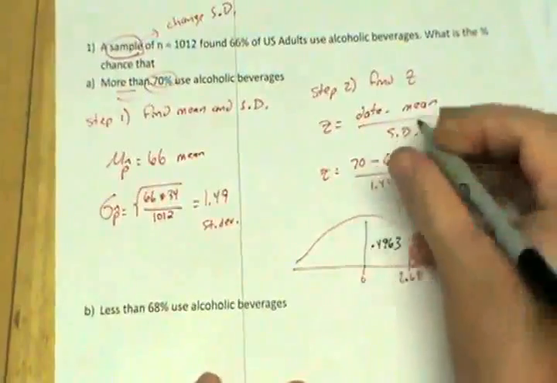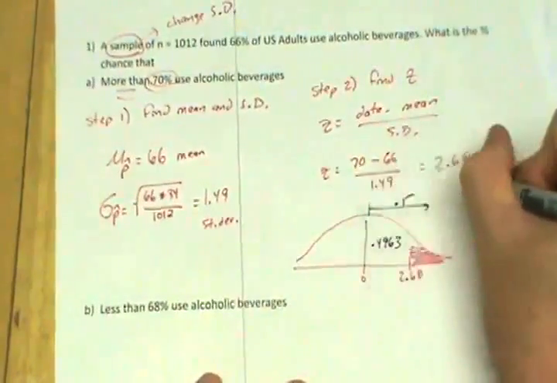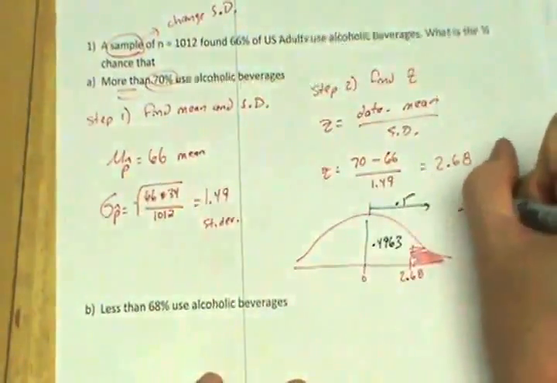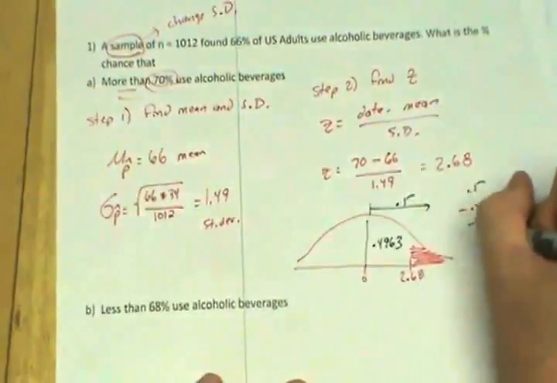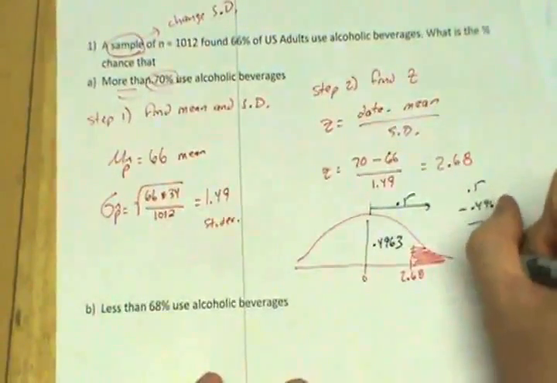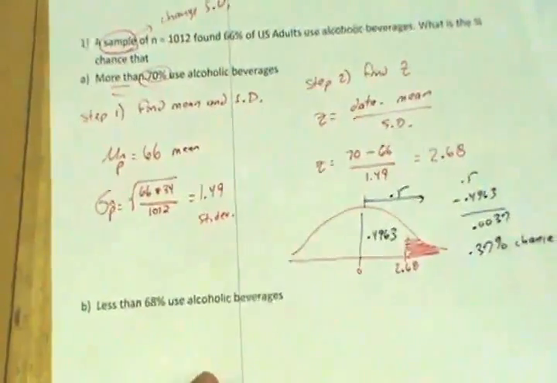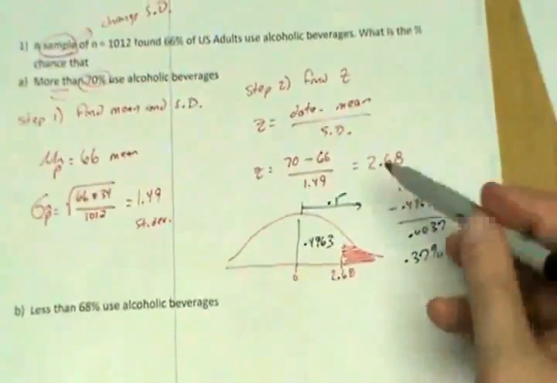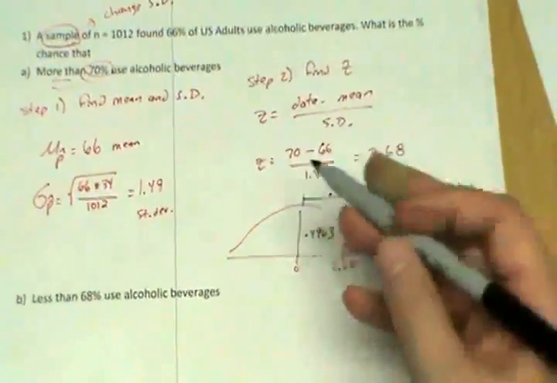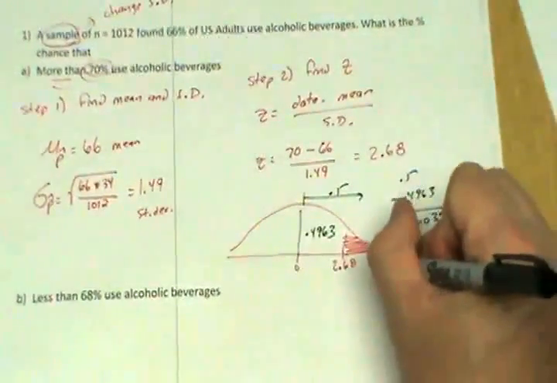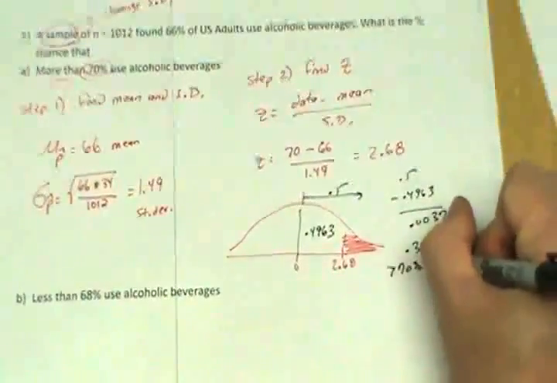Again, this plus the shaded region is the right-hand half, so we take half, take away the 49.63, 0.0037. So there's a 0.37% chance that the percentage of adults that use alcoholic beverages is more than 70%. So greater than 70% use alcohol.